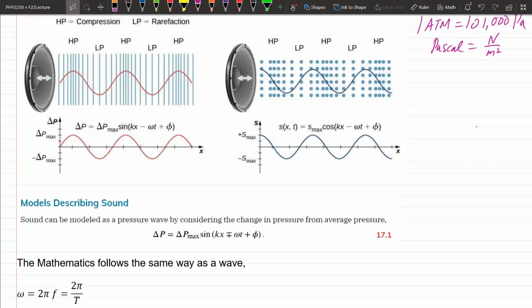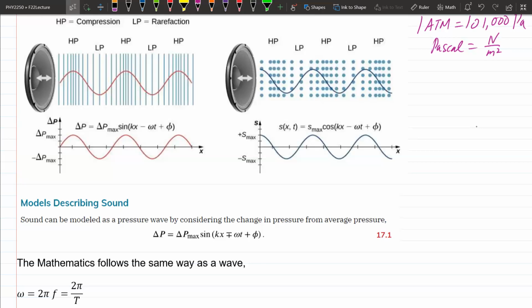There's actually another way to plot it, which is completely opposite of what we're using. This is this variable S, the displacement of air molecules. We're not going to use that for this class, but just know that in case you see something like this in the future and wonder what this S is.